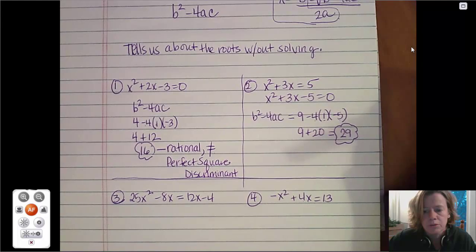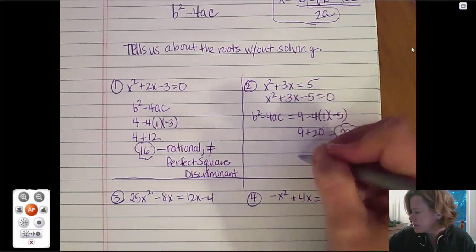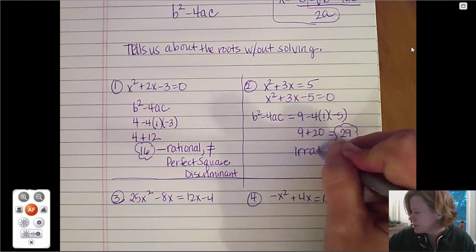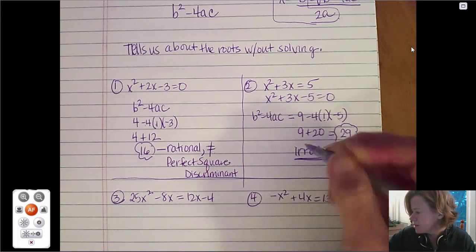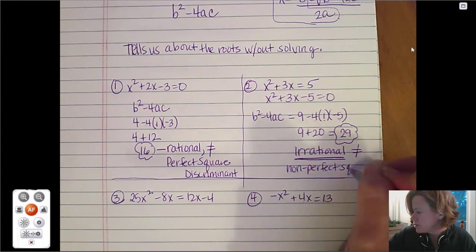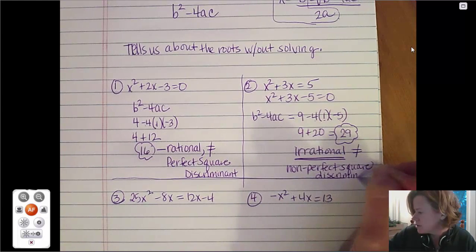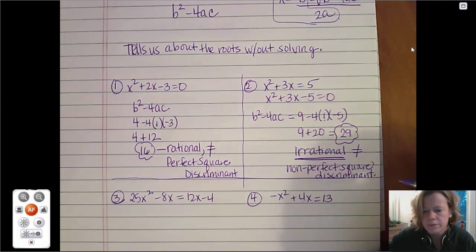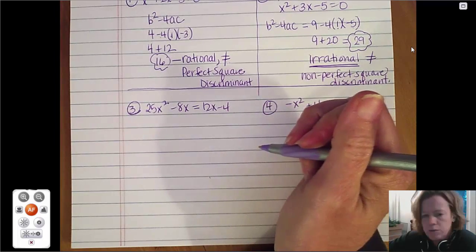You cannot simplify that square root. So when we completed that and finished solving it, I got irrational unequal roots. When I have a non-perfect square discriminant, my roots are irrational.